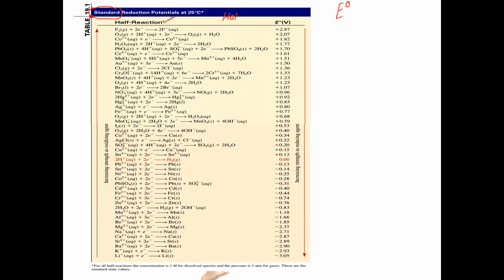Why are these half reactions? Because they are just representing reductions. All of them are reductions, gaining electrons. Electrons are written on the reactant side. So remember, this is your reduction potential table. These are half reactions, right?